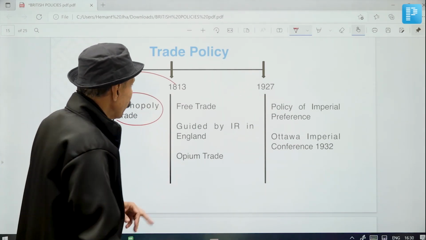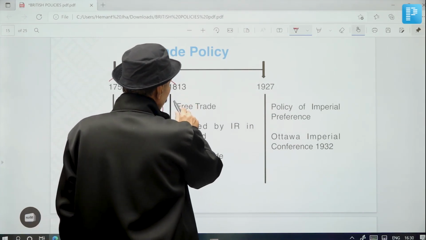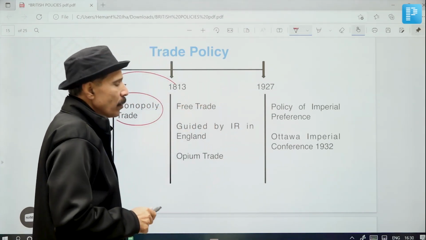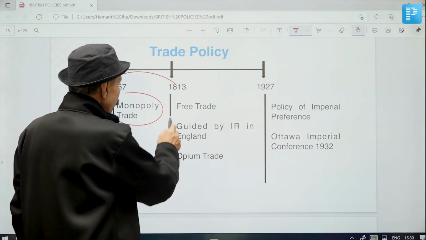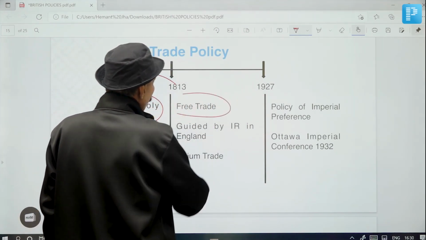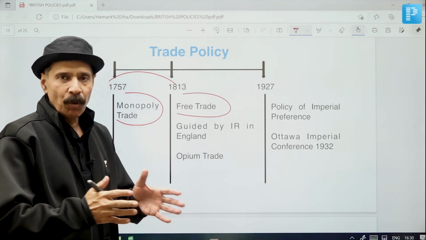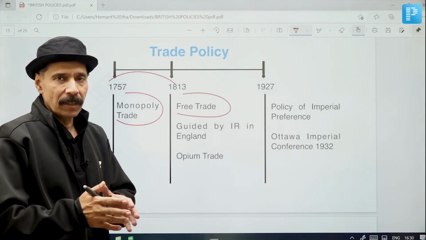Second thing, 1813 onwards, the British trade policy was marked by free trade because monopolies were abolished in 1813 and 1833.